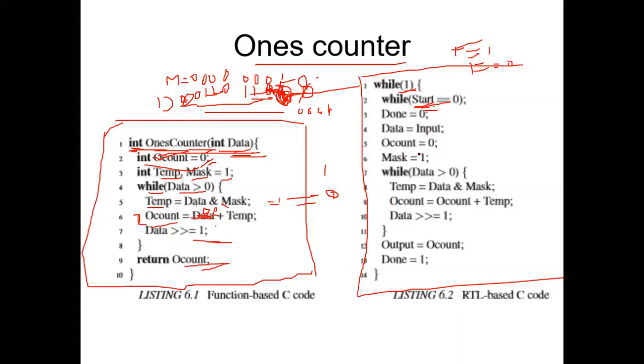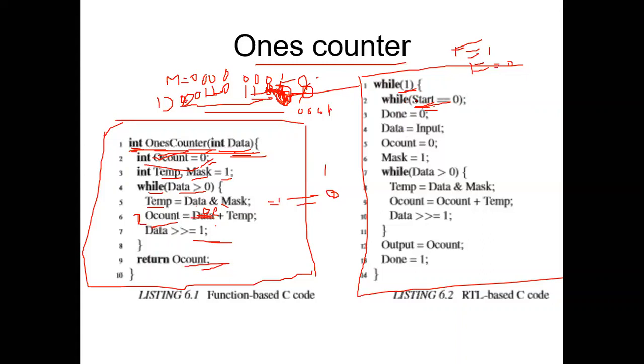We have a start signal. Whenever we provide the start signal, then only the code needs to be executed. So that's the first condition check. While start equal to 0, 0 means we are not giving start, right? If start is 0, it will halt at this particular line itself. While start equal to 0, semicolon.